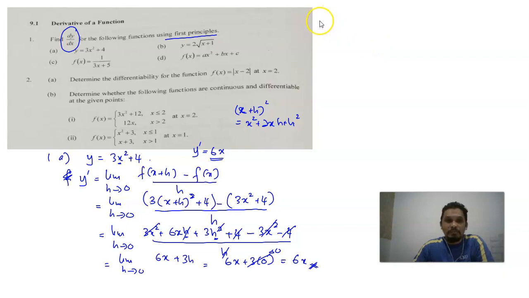Question number b. y equal to 2 square root of x plus 1. Oh, sorry.